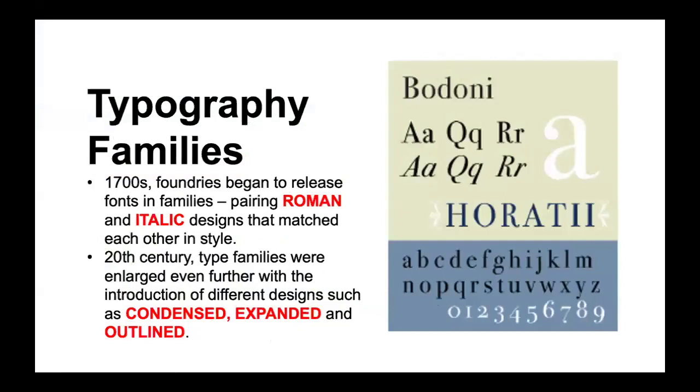Let's move on to type families. They called them foundries back when they first started making movable type because they were dealing with metal, and in the beginning they were probably also making other things like sprockets and chain and all kinds of different things. Anything to do with metal, they were probably making.